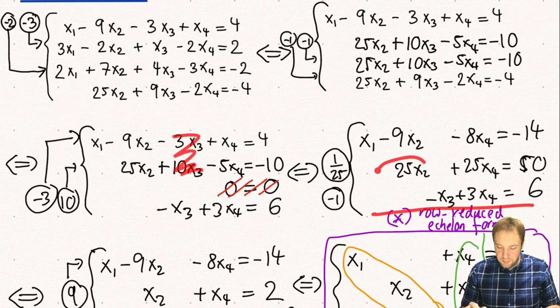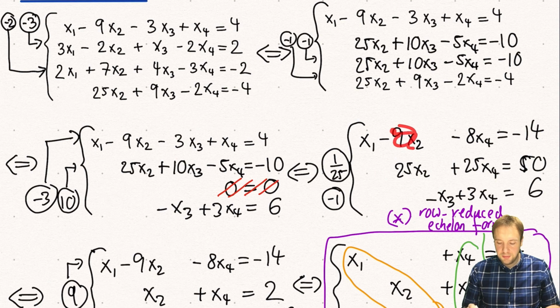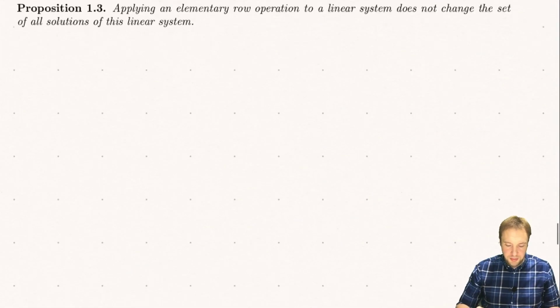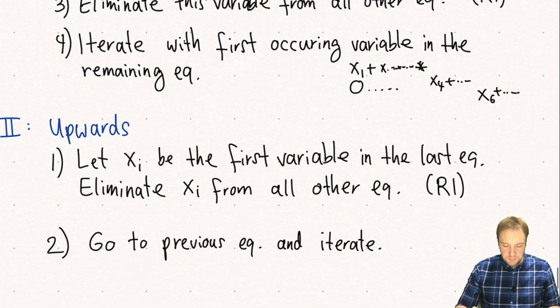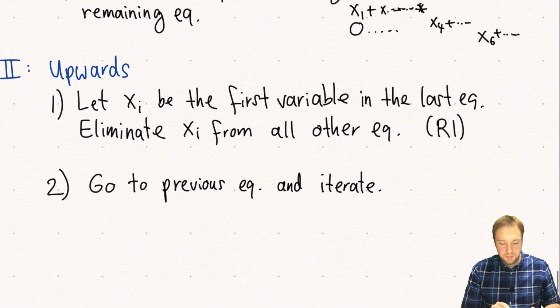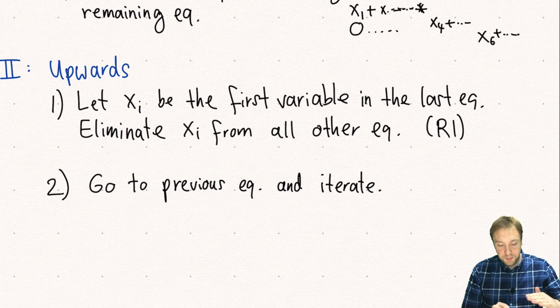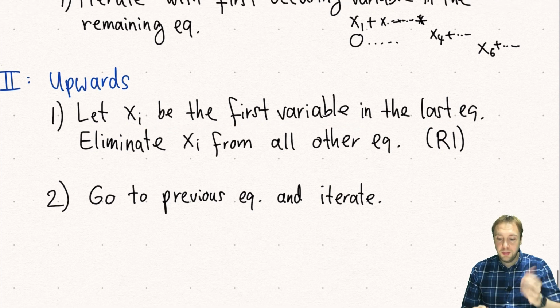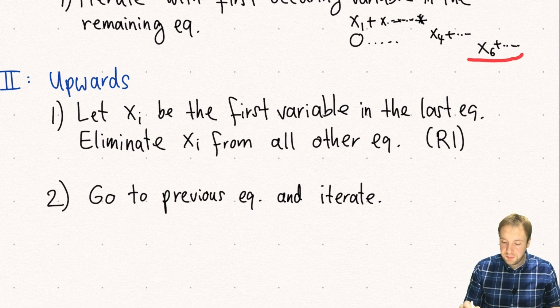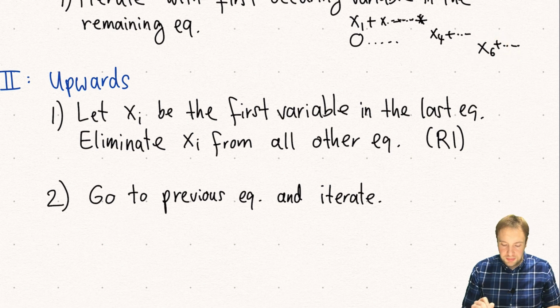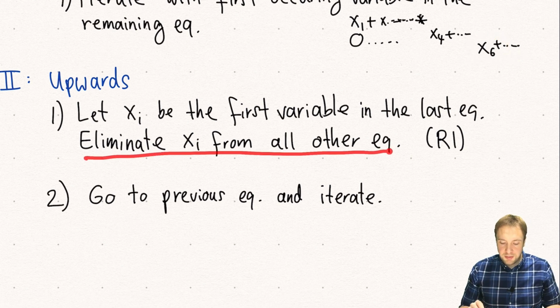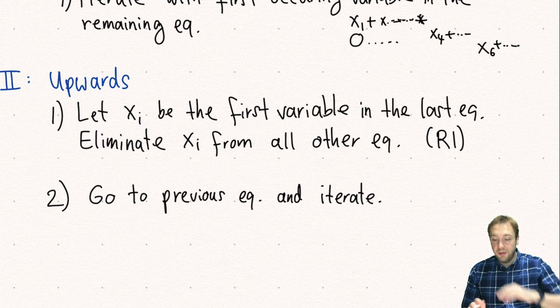We get this, and then we want to make sure that x2 is just in the second equation. So therefore, the upwards step is: we start from the bottom, and we look at what is the first variable appearing. So for example, in this example here, it would be x6. And we want to eliminate it from all other equations above.